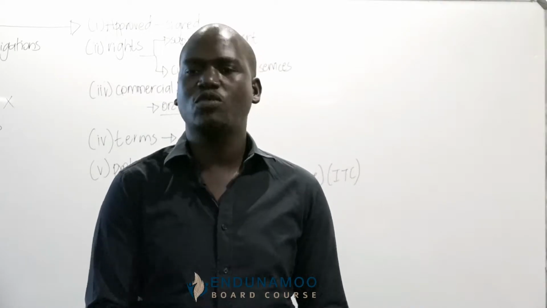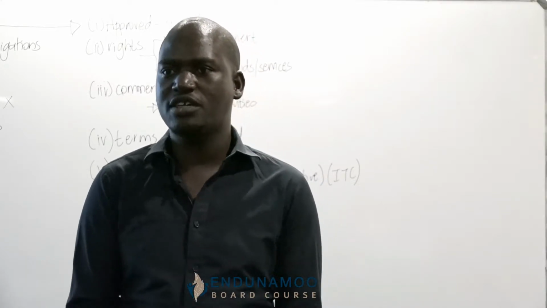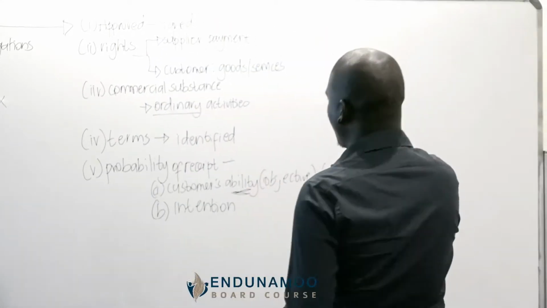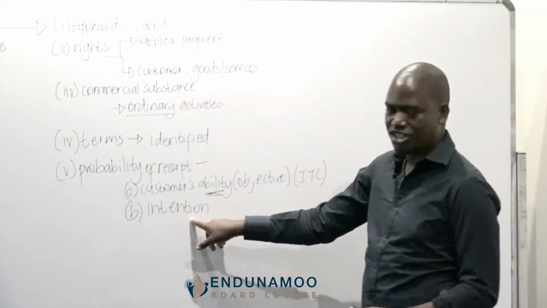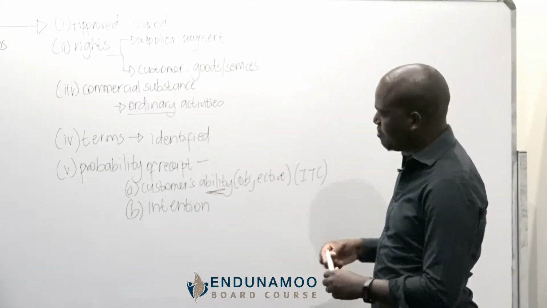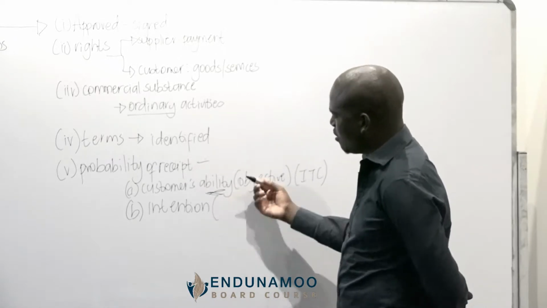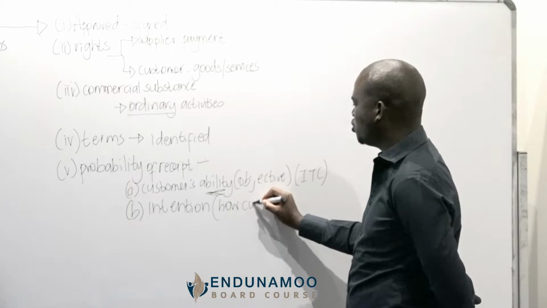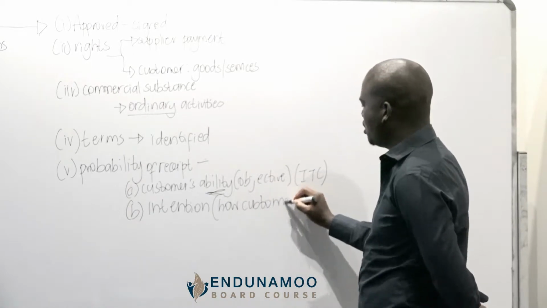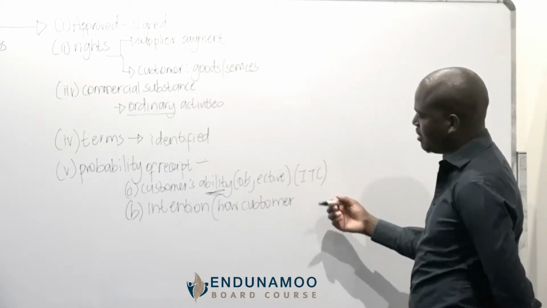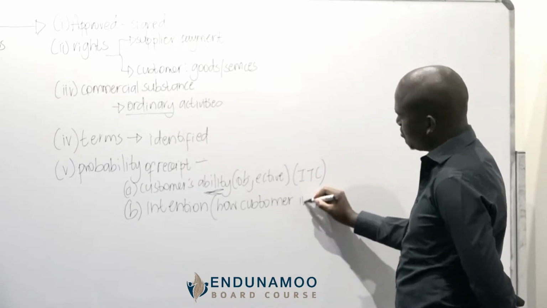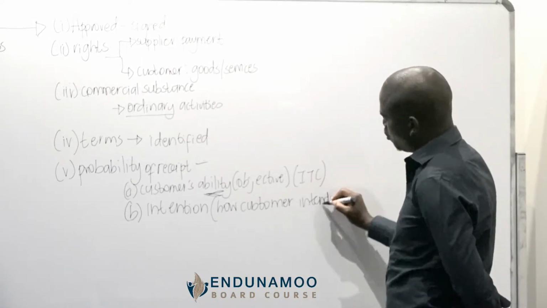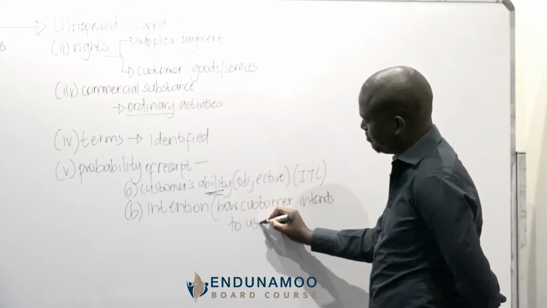So by that argument, we can conclude that there is an intention to pay. So here, just consider how the customer is going to use the good or the asset that they've received. How the customer intends to use the goods.